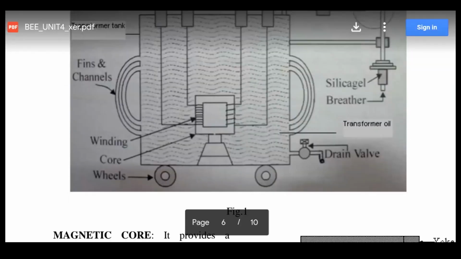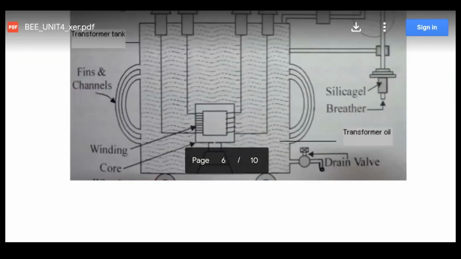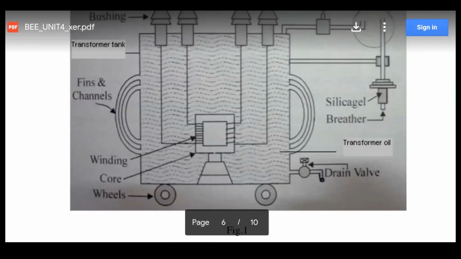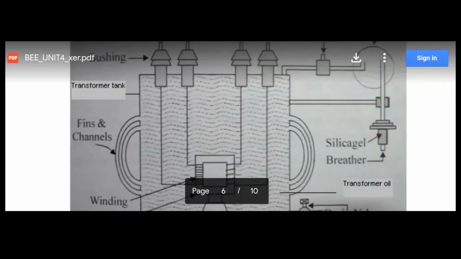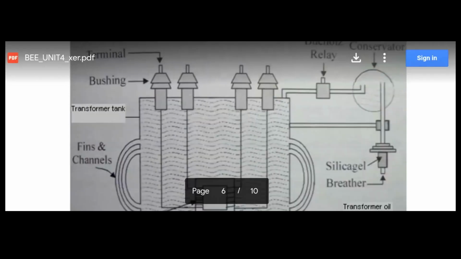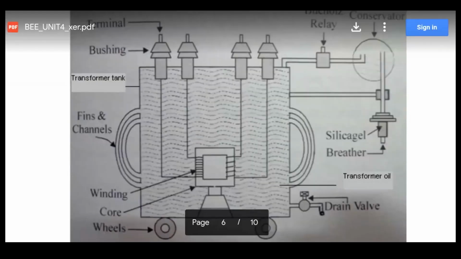To change it, the old transformer oil is removed with the help of this drain valve, and new or fresh transformer oil is inserted from the top of the transformer tank adjacent to the bushings.